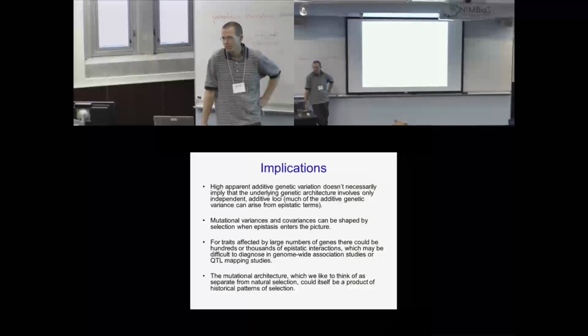To say pretty much the same sort of thing, with the epistasis terms, even when there's just 2 loci, one locus changing its value can cause the values of the other locus's 3 genotypes to get steeper.